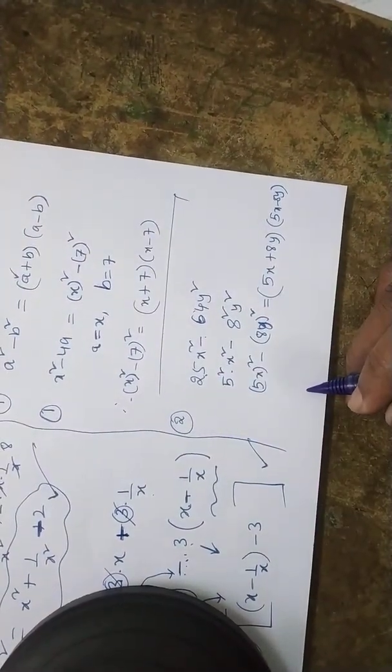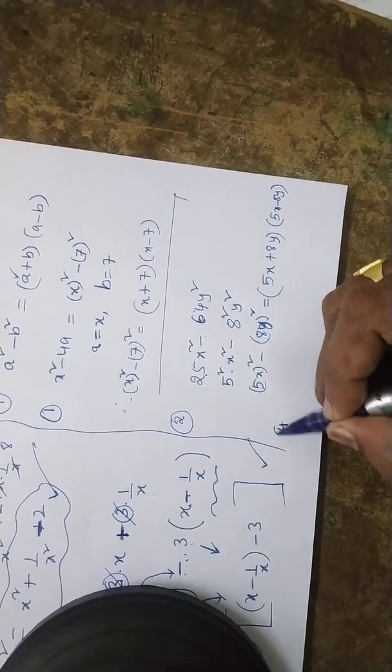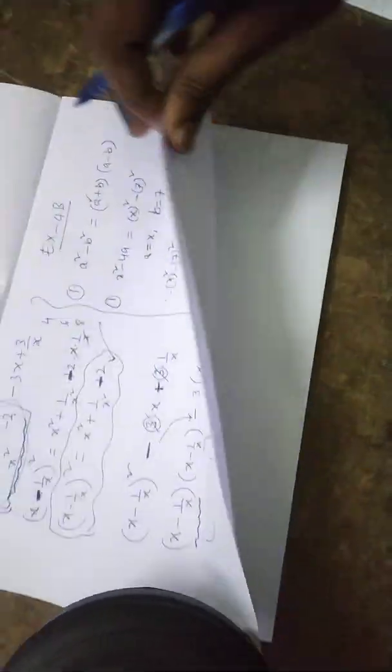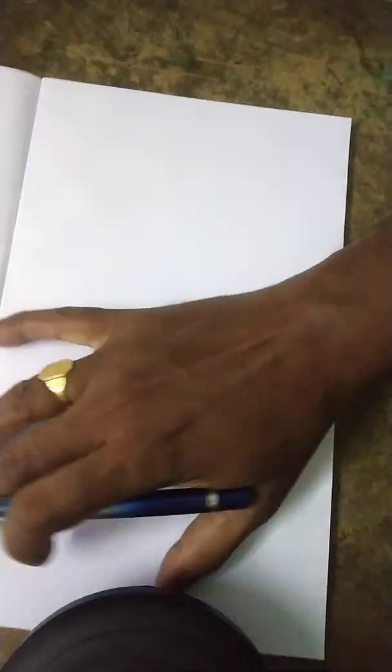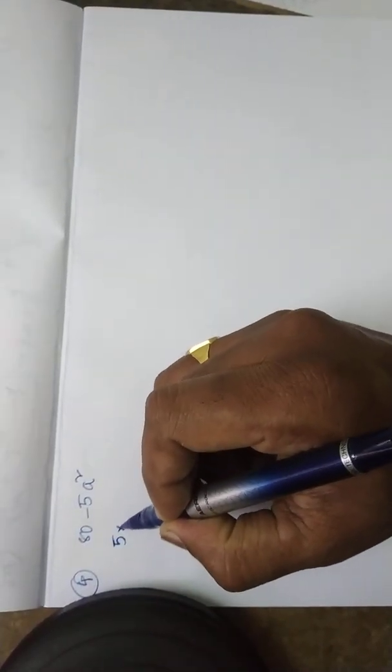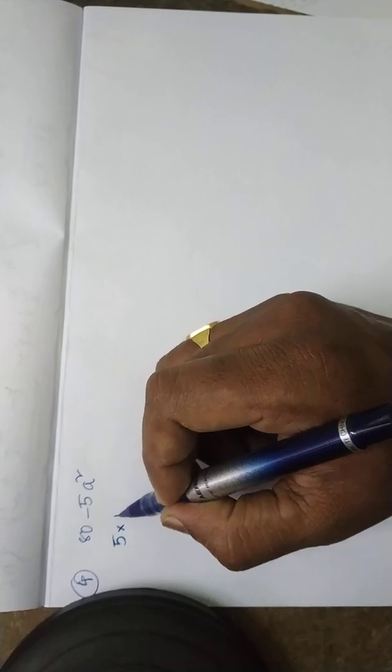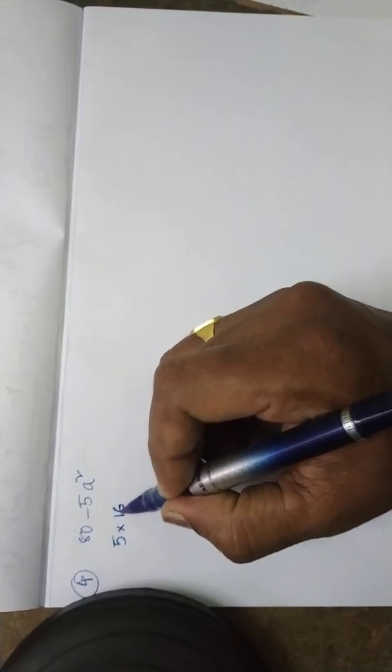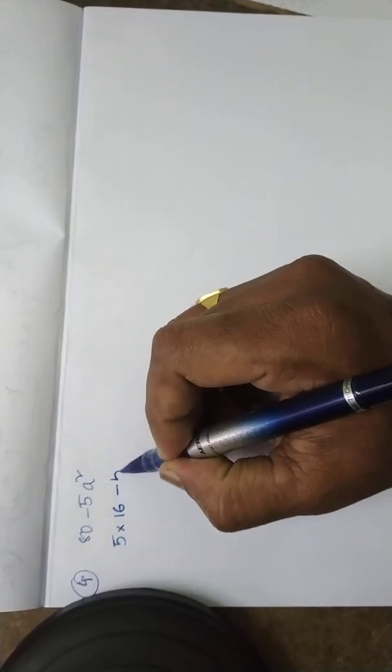Now sometimes it won't happen. So let us see the fourth question. In the fourth question there is no perfect square. We have 80 minus 5a square. Interestingly, when you don't get any idea, immediately you have to factorize. So what can you write? 5 into 16, since 5 ones are 5, 5 sixes are 30, minus 5a square.